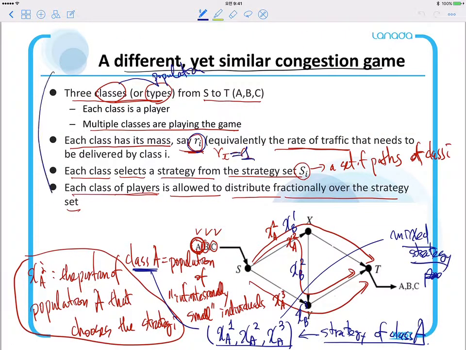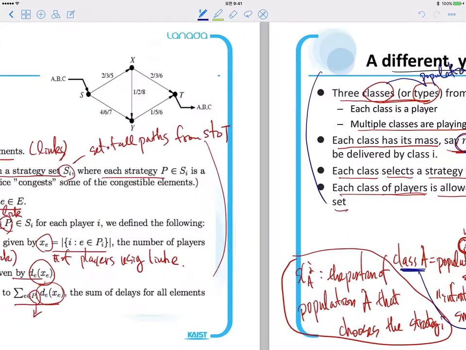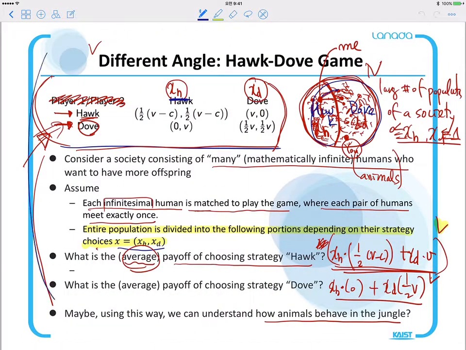I'm providing a different interpretation of the congestion game, or not a different interpretation, I'm defining a different game essentially, which is similar to the previous game, but it's different.